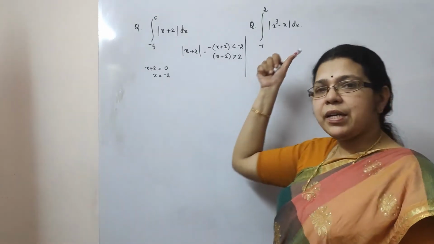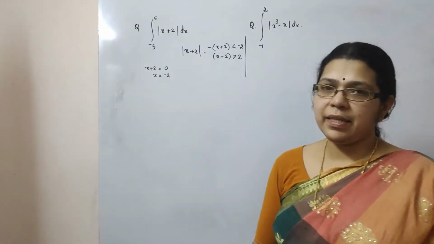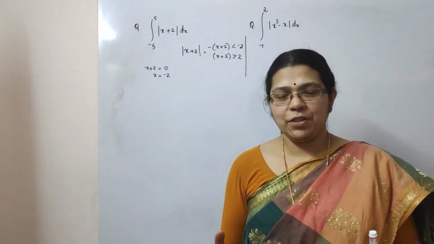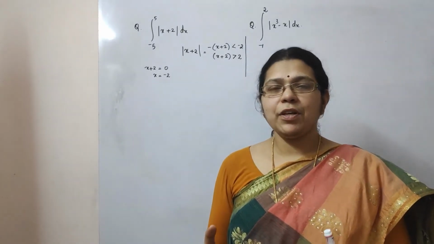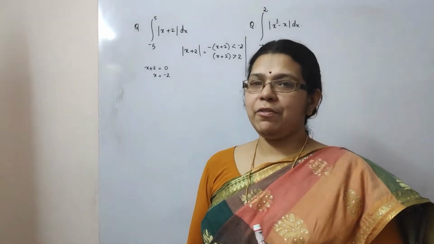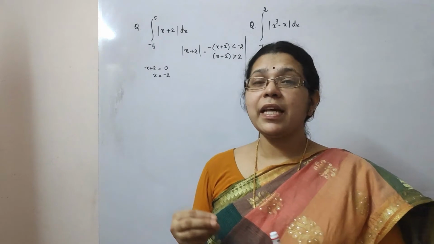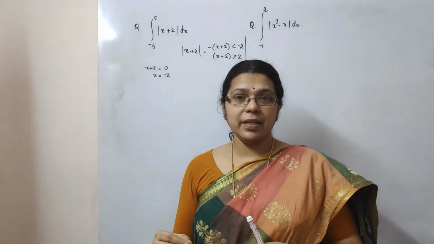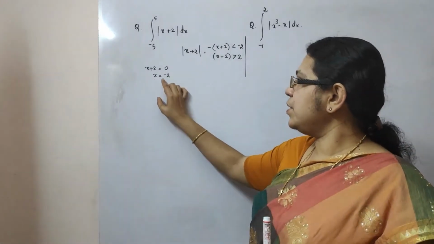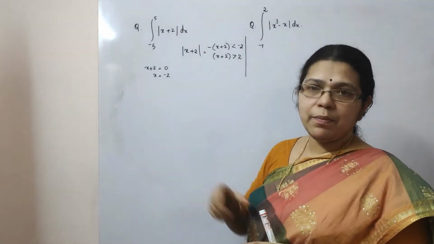I have written a cubic function this side, I will discuss it later. So when you have the modulus function, and if it is a linear function, we equate the function to 0 and we get the value of x. That gives you the turning point in the graph of mod of x plus 2. So here when I equate to 0, I get the value of x equal to minus 2.